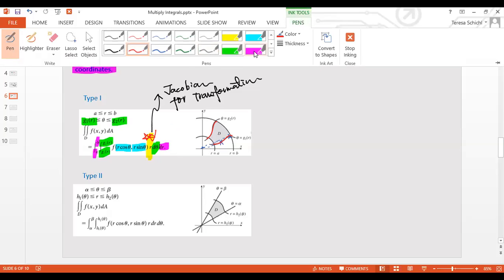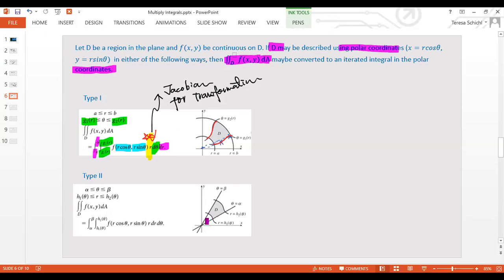Now let's take a look at the second one. You see here, r is a function, but the angle is fixed, from alpha to beta. That's why you integrate theta first here. Now you reverse it. Because r is a function, the radius depends on these two functions of theta.